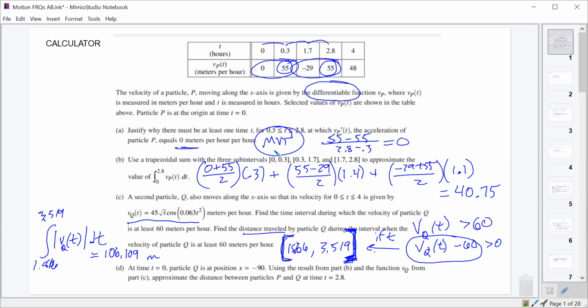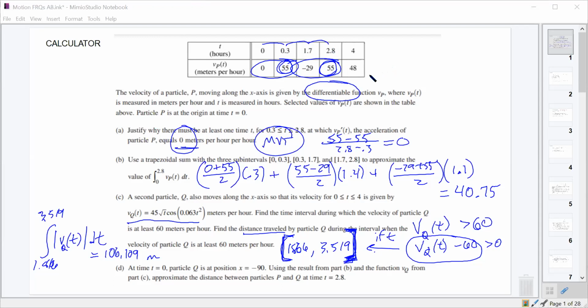So we found that the average rate of change between 0.3 and 2.8 was 0, which is what we wanted it to be. So the instantaneous rate of change, or the acceleration, had to be 0 somewhere on that interval. Is that good?